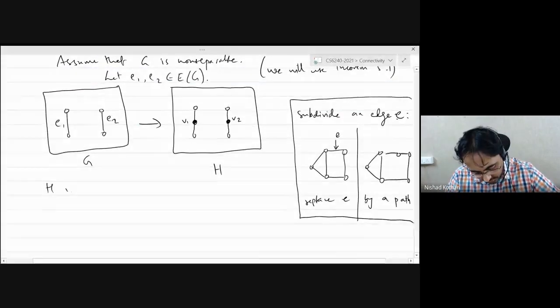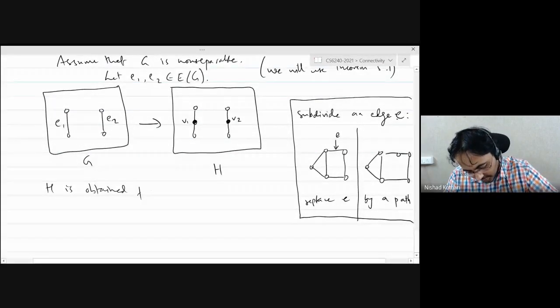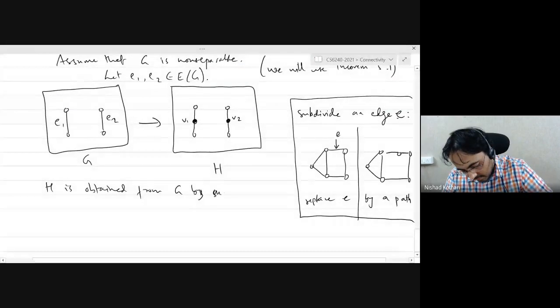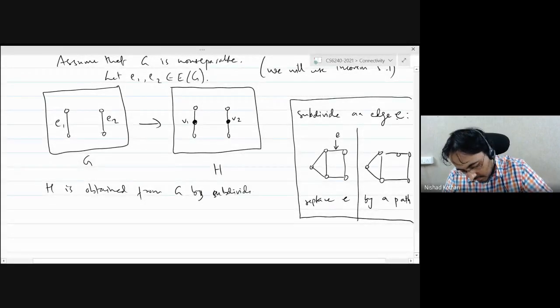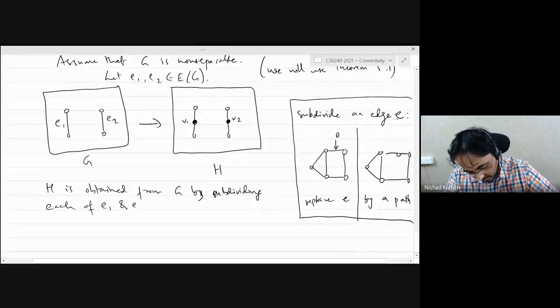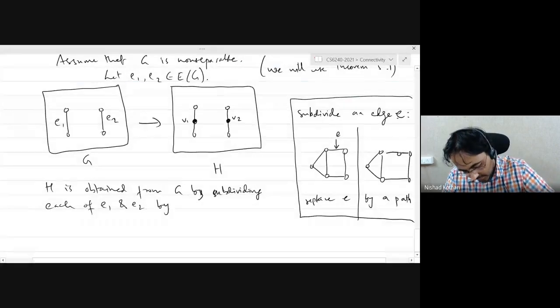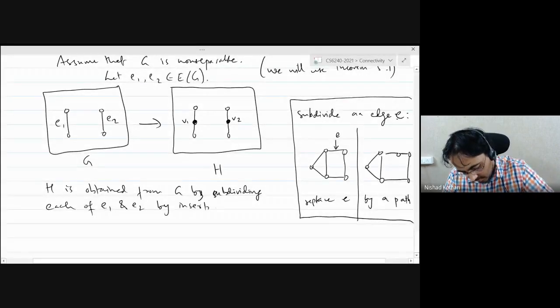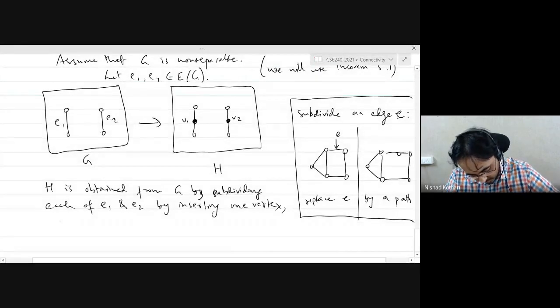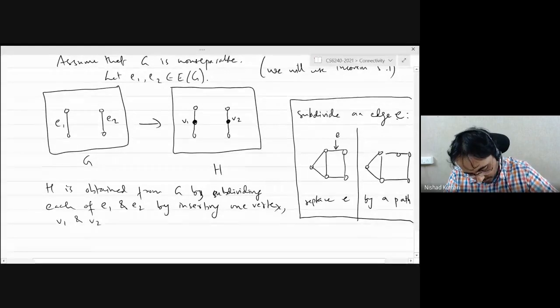H is obtained from G by subdividing each of E1 and E2 by inserting one vertex, V1 and V2 respectively.